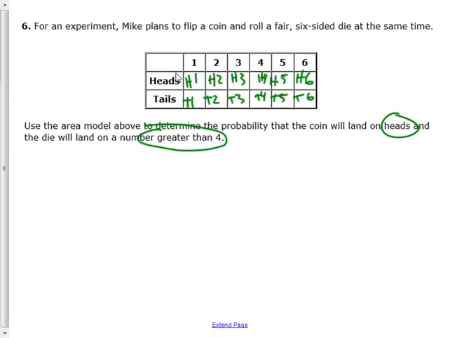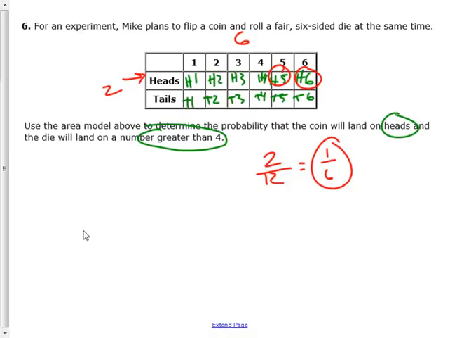I want heads, so all of these are possible, and then I want it greater than 4. This is greater than 4, and so is this one. So I have 2 out of 2 by 6, so that's 12. I can simplify that to be 1/6. So I have a 1 out of 6 chance of getting a heads and a number greater than 4.